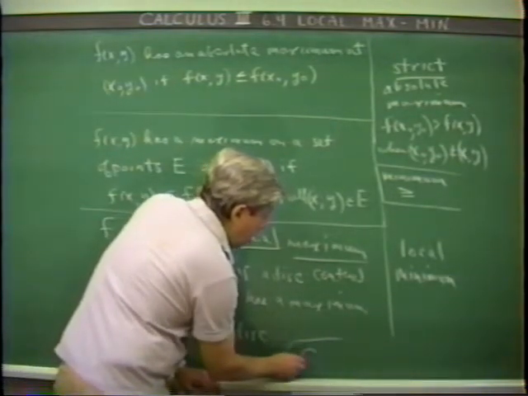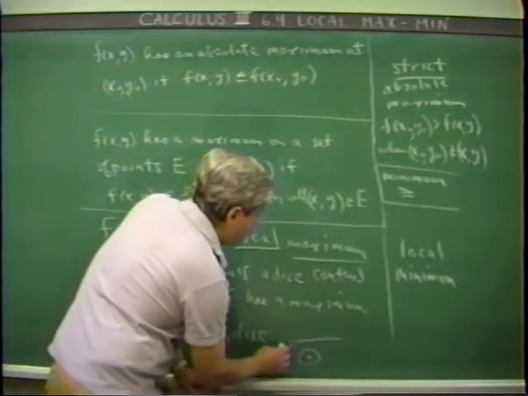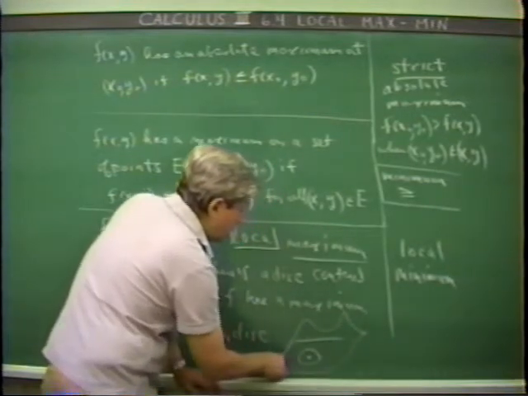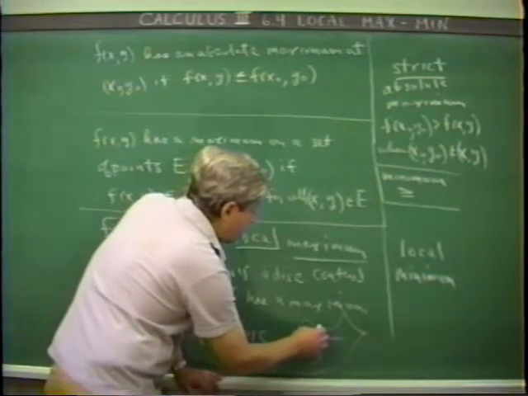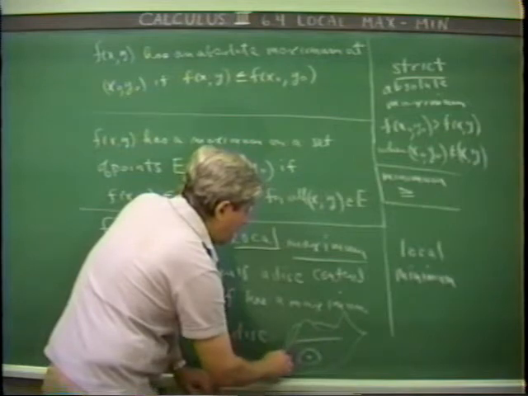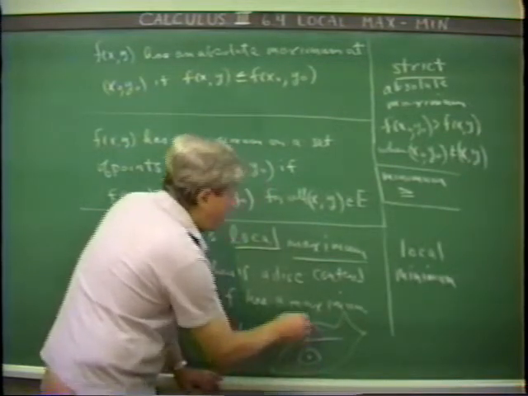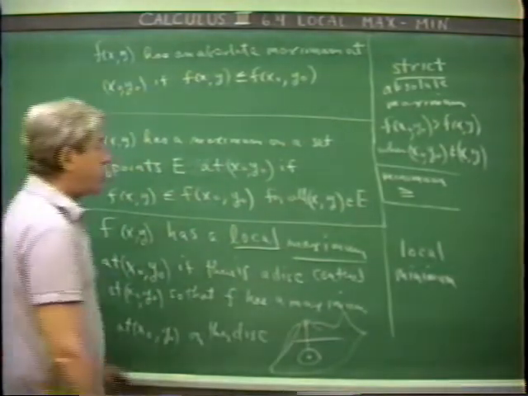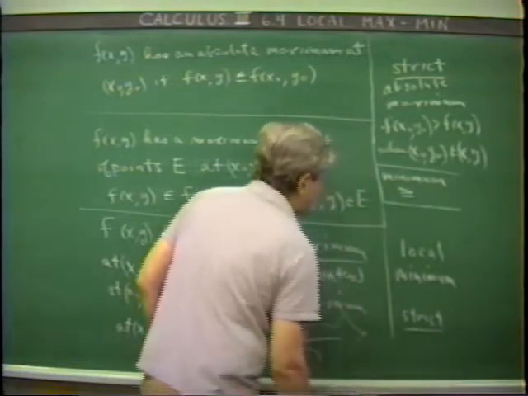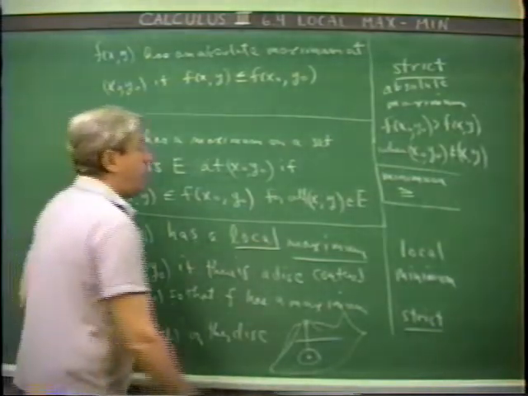So that means that there has to be some circle centered about x naught, y naught, so that our function here, even though it may be larger elsewhere, takes on its maximum on this disk at the point x naught, y naught. And we can also talk about strict local maximum.